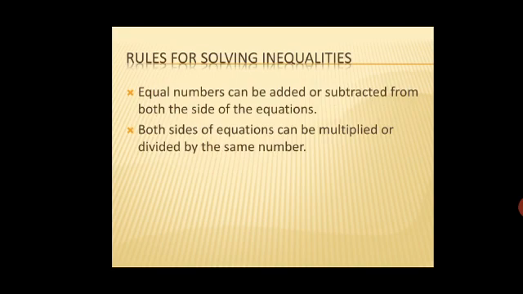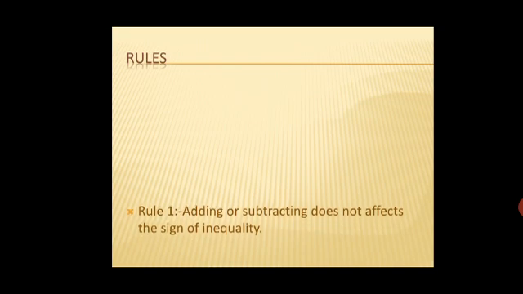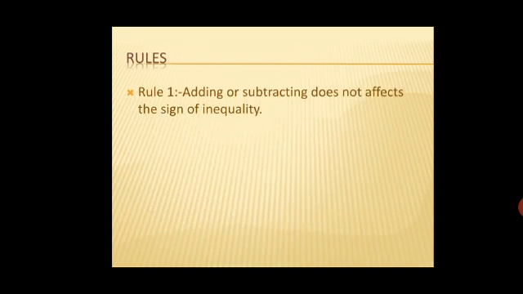Equal numbers can be added or subtracted from both sides of the equation. Both sides of the equation can be multiplied or divided by the same number. But furthermore, we have two more rules which deal with the sign of the inequalities. Rule number 1 says that adding or subtracting does not affect the sign of inequality.